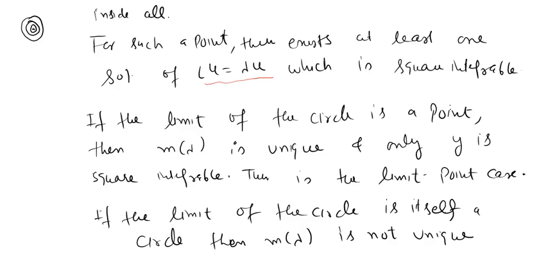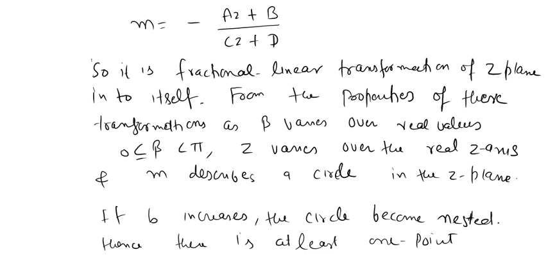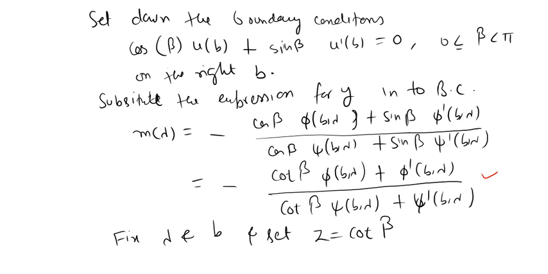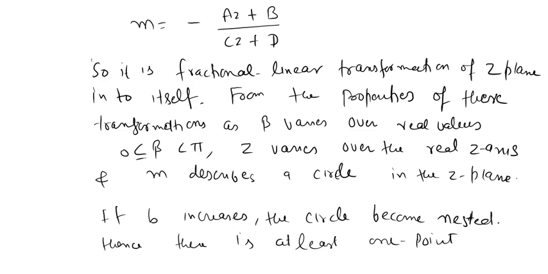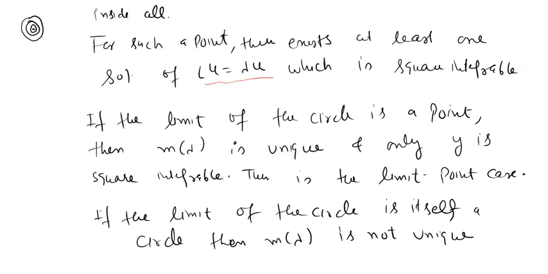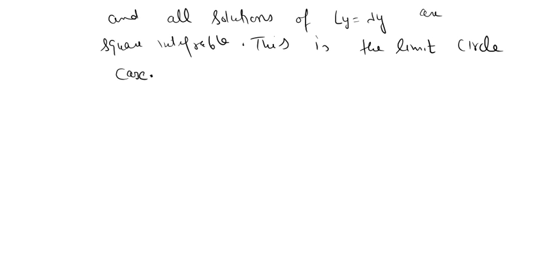So for these types of problems, you can determine this function m lambda to find the solution, and then you need to specify the right boundary, which was denoted by B, and then two cases arise. One is the limit point case, and another is the limit circle case.